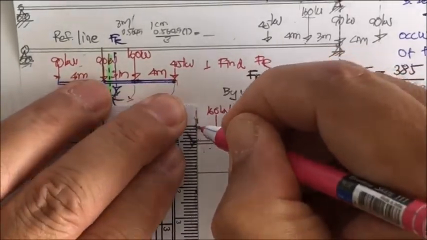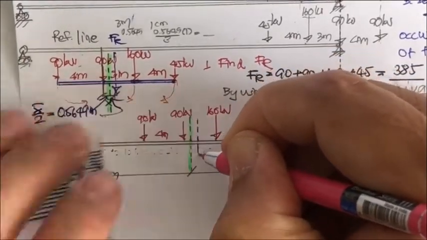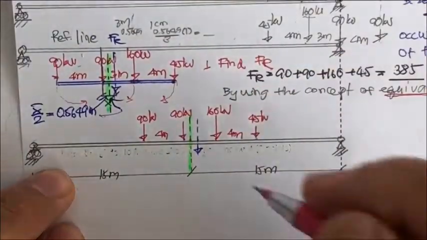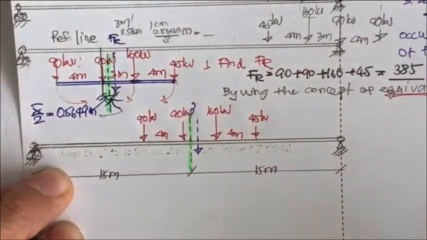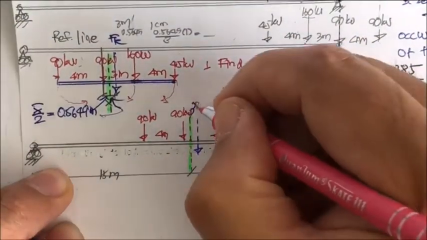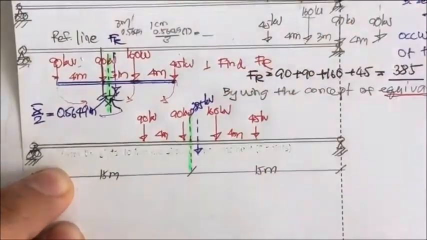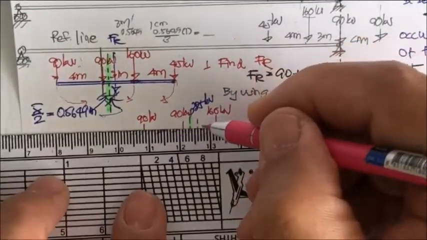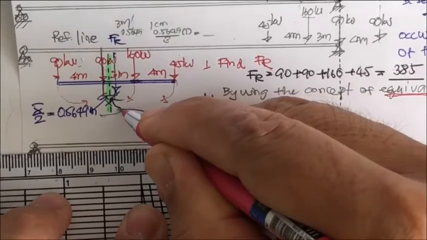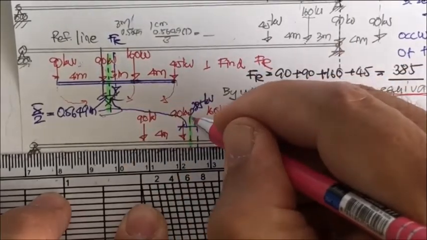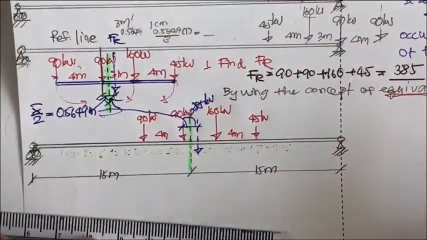This is going to be your F sub R, of 385 kilonewton. And the distance of this is going to be reflected back here and reflected back there.